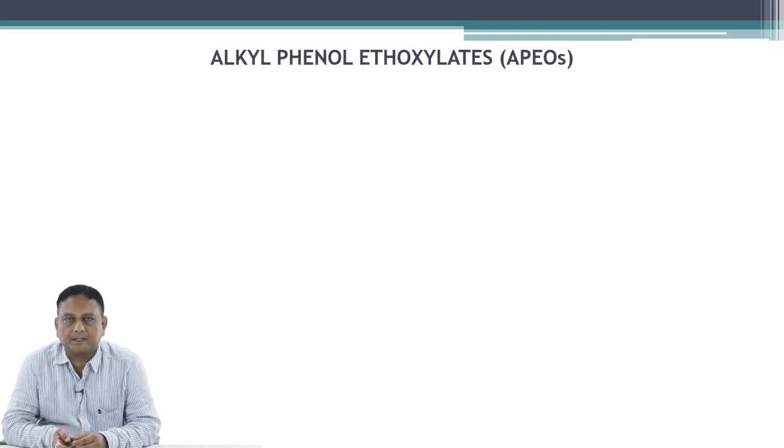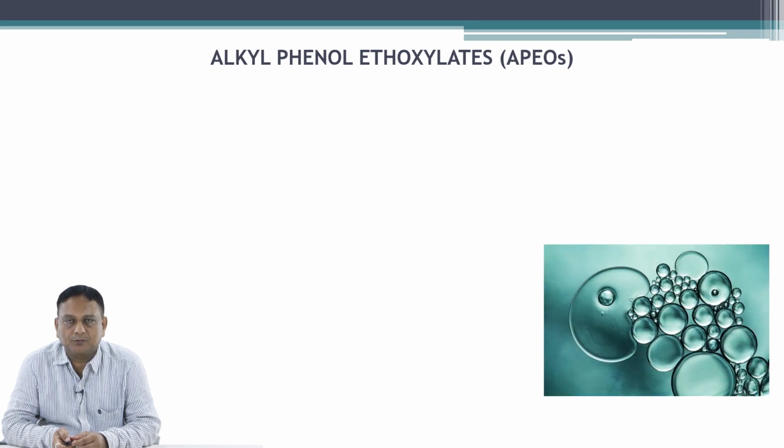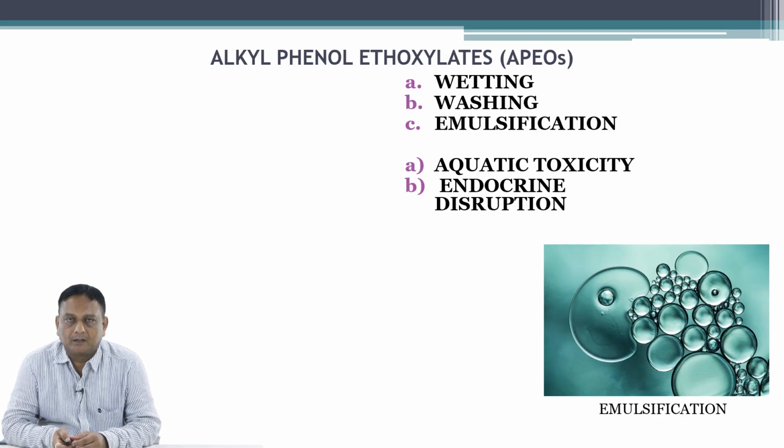One of them is alkyl phenol ethoxylate, or in short APEOs. Where APEOs are used, and how beneficial or how detrimental they are for human health. The source of alkyl phenol ethoxylate is in the weighting agent used in textile applications.